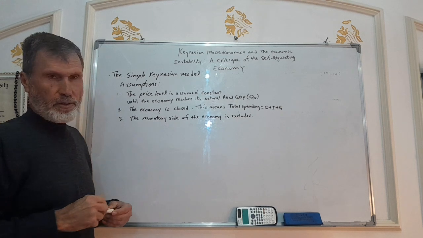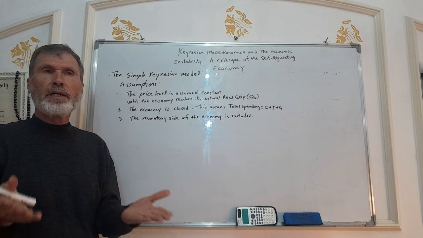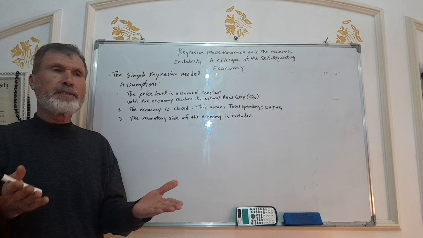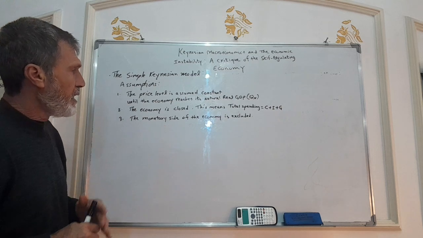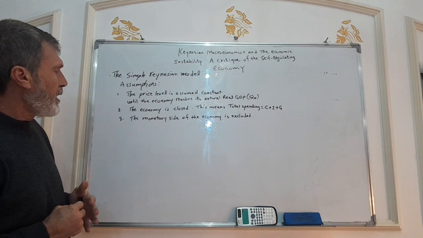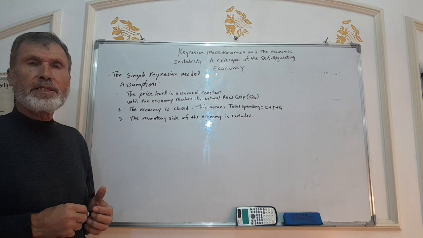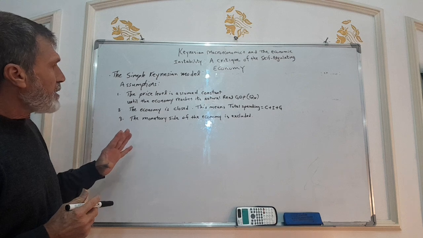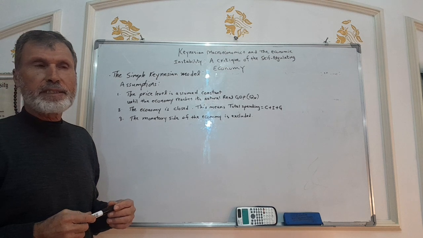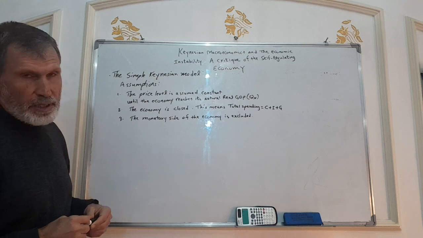In any economy usually we have two policies, the fiscal policy and the monetary policy. So this assumption excludes the central bank. These are the main assumptions that Keynes put in his simple Keynesian model.